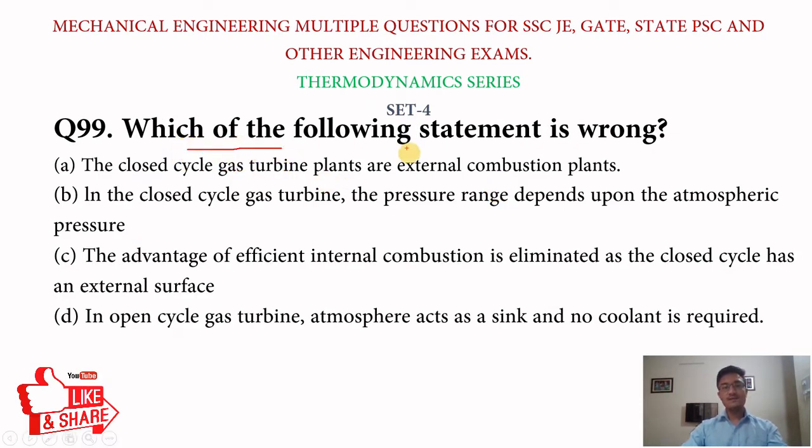Which of the following statement is wrong? We have to find out wrong statement from the following. We have four statements here. Option A is the closed cycle gas turbine plants are external combustion plants. Option B, in the closed cycle gas turbine, the pressure range depends upon the atmospheric pressure.